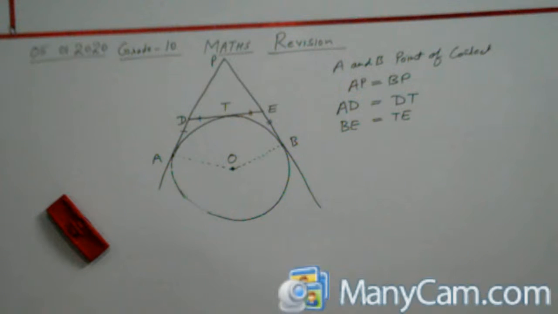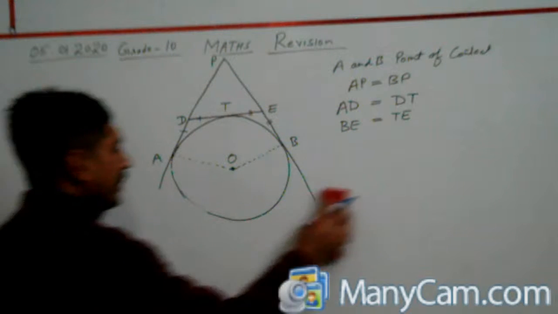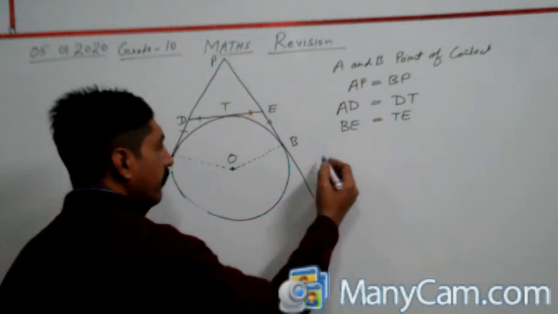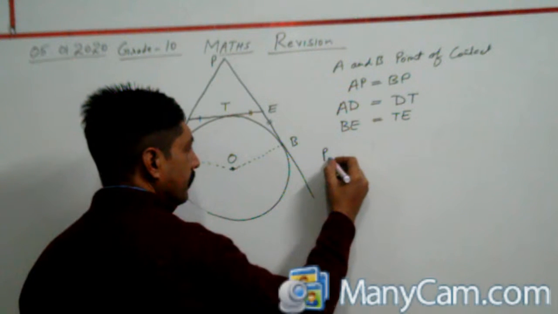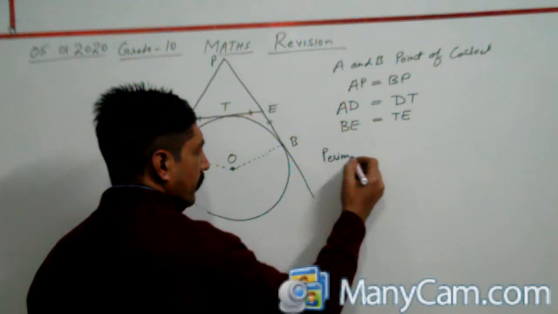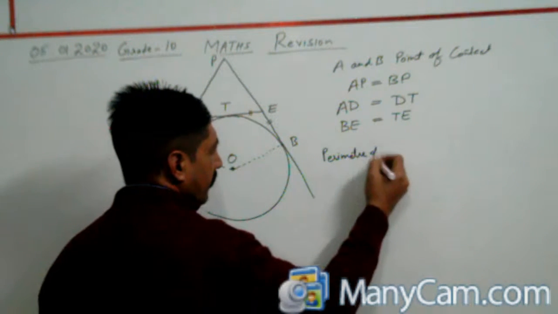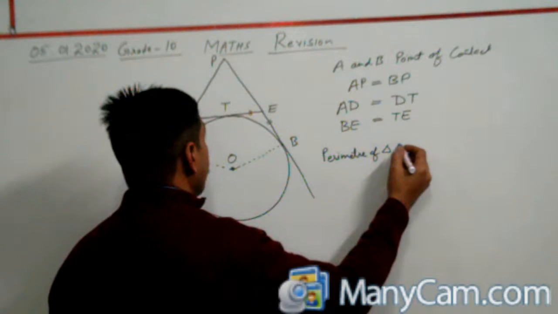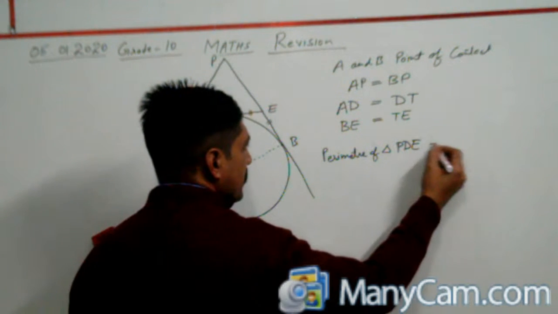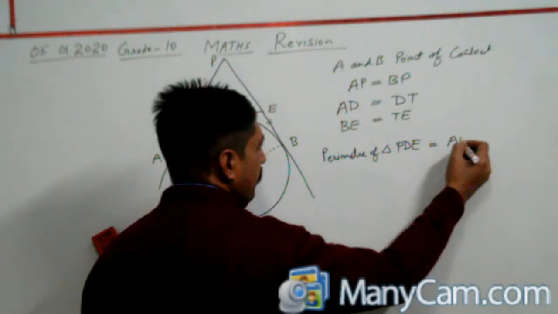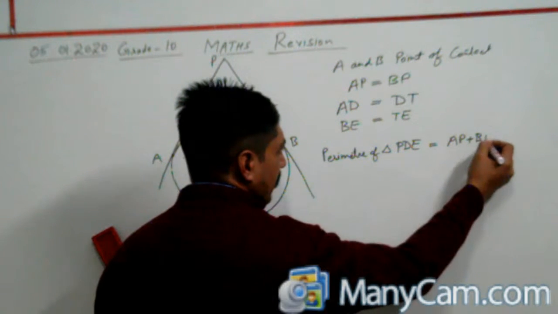Now, for the perimeter of this triangle, you can very easily prove that the perimeter of the triangle PDE is equal to AP plus BP, the length of the tangents.